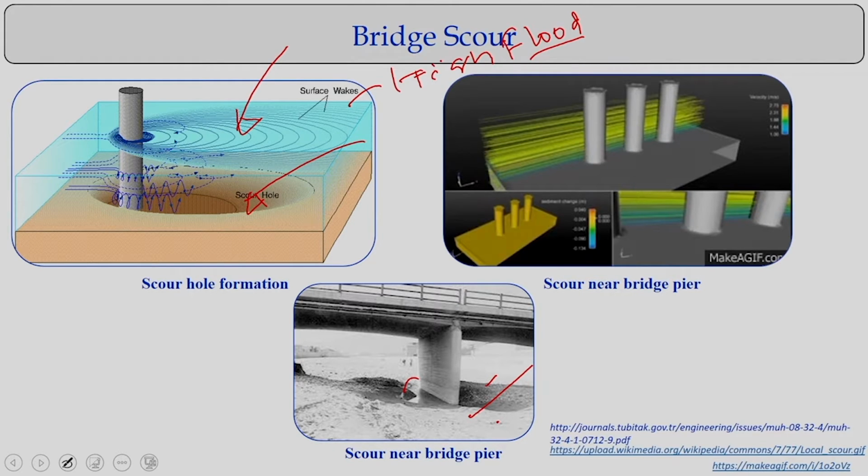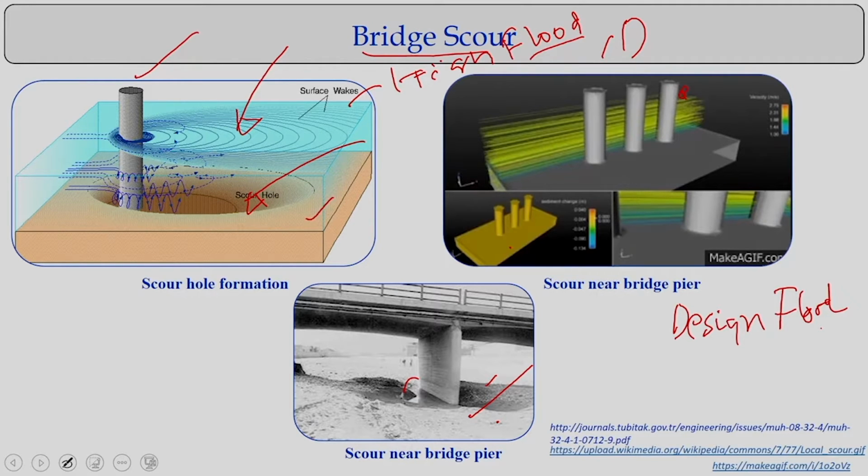Bridge scour is very important for us, and we design for the design flood and need to estimate the scour holes. It depends upon the flow characteristics, the bridge pier characteristics, and also the bed materials.